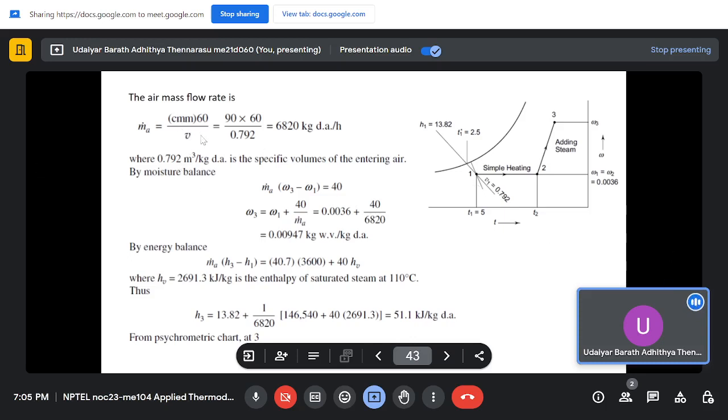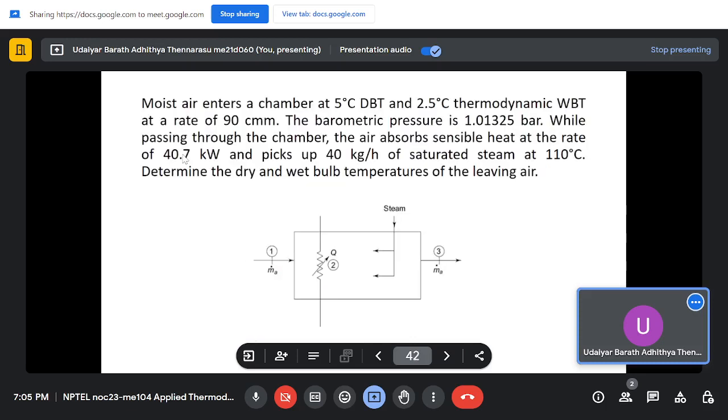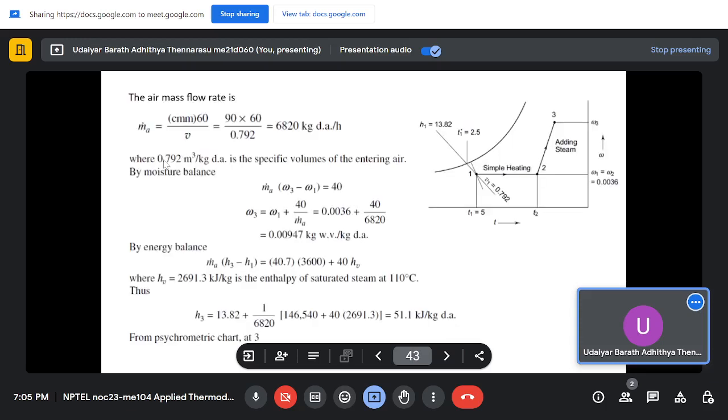So now we know the air is entering at 90 cubic meter per minute, and we can find out m dot a. You are finding the mass of air, so we know the specific volume, so we substitute that.